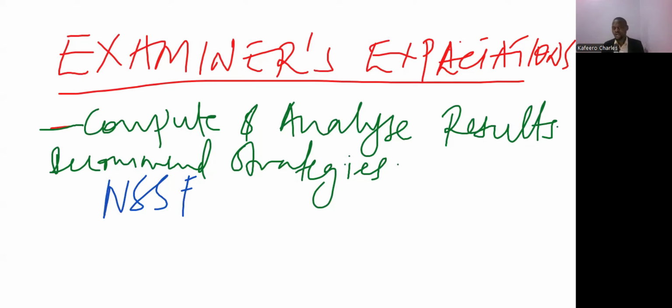So in exams, the scenario can be fictitious, but in actual sense you can relate to what the examiner is saying. If let's say they are saying KC Retirement Fund, of course you can relate it to the NSSF, National Social Security Fund. So that's basically how you will be able to analyze.